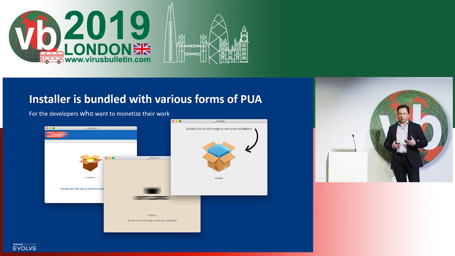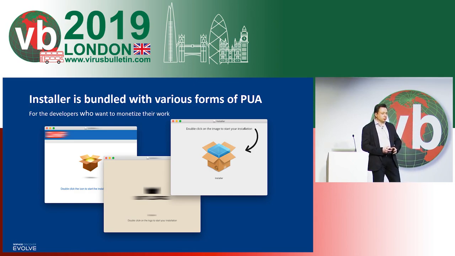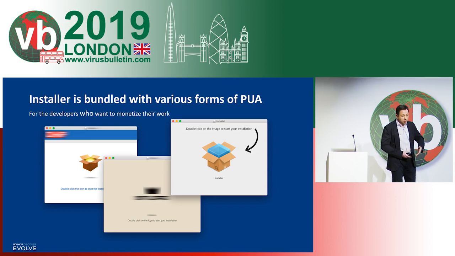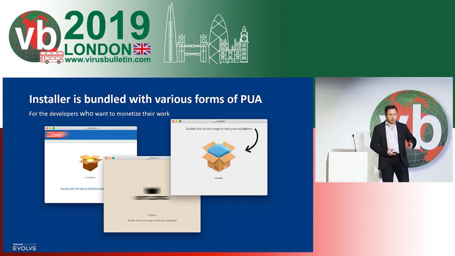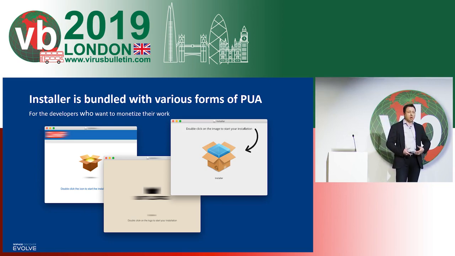So to get some kind of monetary compensation, they approach this company, and this company bundles their software, produces the installer, gives it back to them, they put the installer on the website, customers go, fetch it, run it, and this is what they get. That's just a normal installation process. The DMG file gets mounted, and they run the installer. The only difference is, at the end of the installation, the customers will end up with the original software installed.